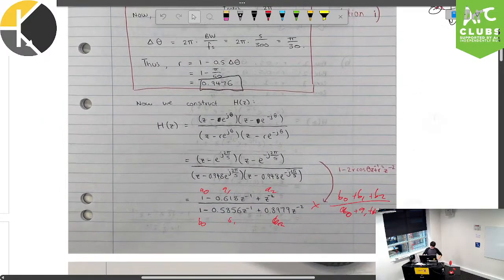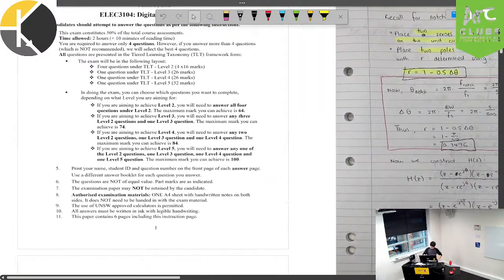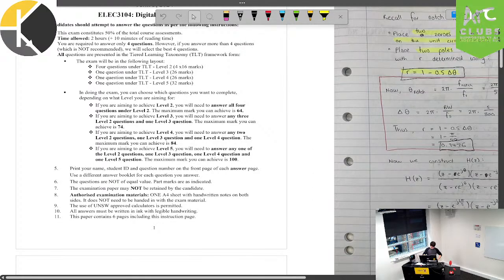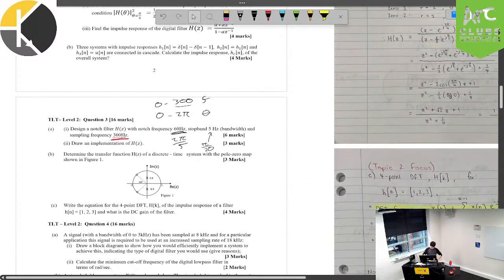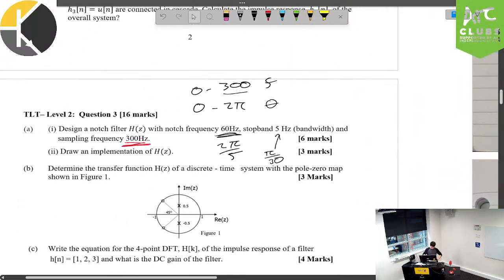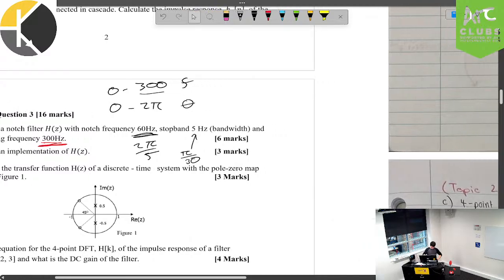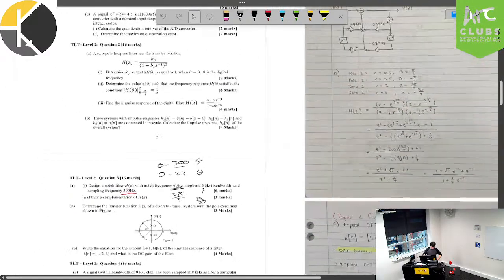All right, fantastic stuff. Let's move on and think a little bit more about the second part of that question. So, we've gone ahead and designed it. We need to go ahead and draw an implementation, okay?